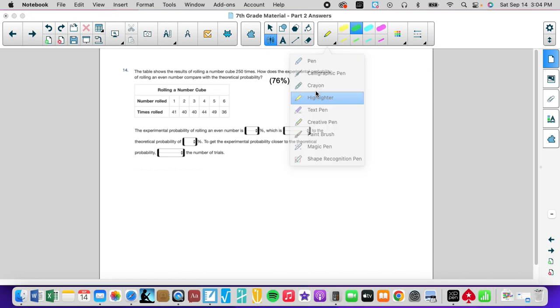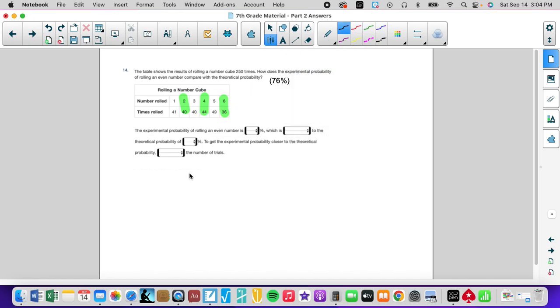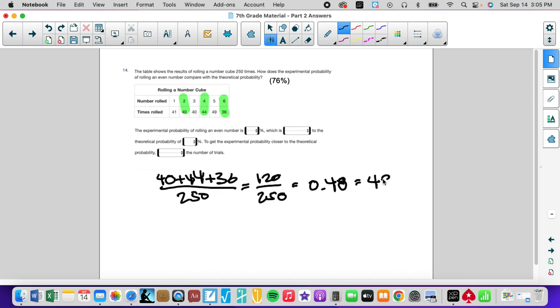So even numbers, we have 2, 4, and 6. So the experimental probability of rolling an even number is going to be 40 plus 44 plus 36, those are the successful outcomes, over 250, since it was rolled 250 times. So that's going to give me 120 over 250, which simplifies to 0.48, or an experimental probability of 48%, a little bit below 50%.